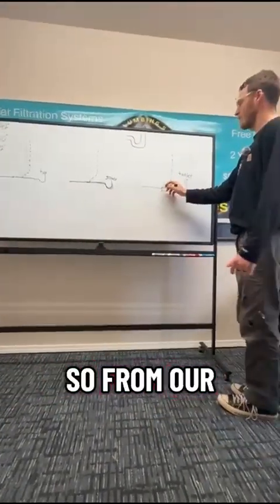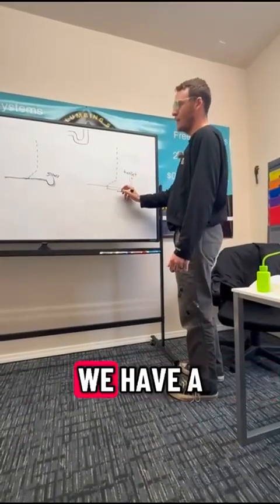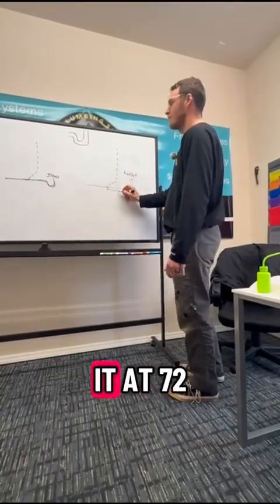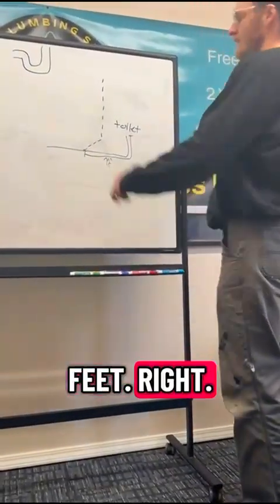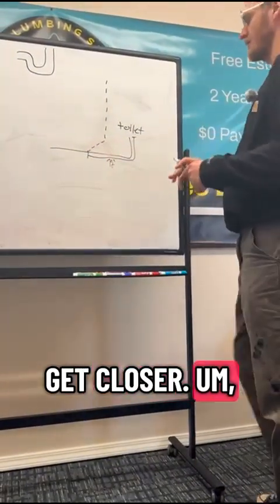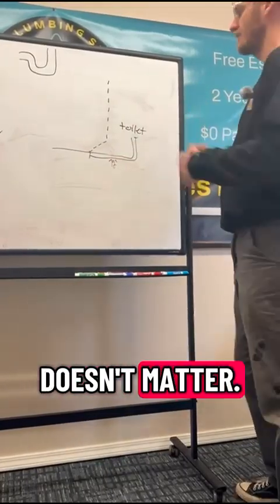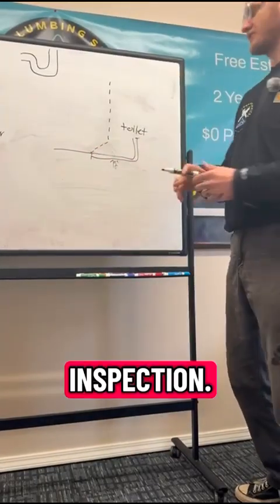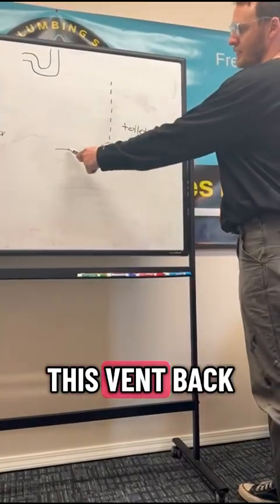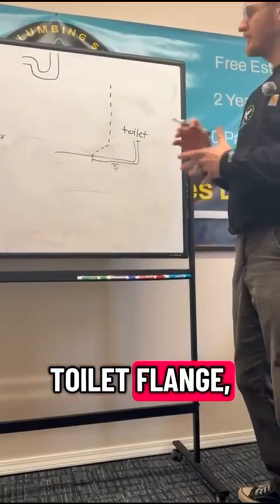So from our vent going all the way up to our toilet flange, we have a maximum length we're allowed to run of 72 inches or 6 feet. You could get closer. If it was, say, 50, 60 inches, that doesn't matter. Closer doesn't matter. Further away, you might fail inspection. If you put this vent back here and say we have 90 inches to our toilet flange, that's going to fail inspection.